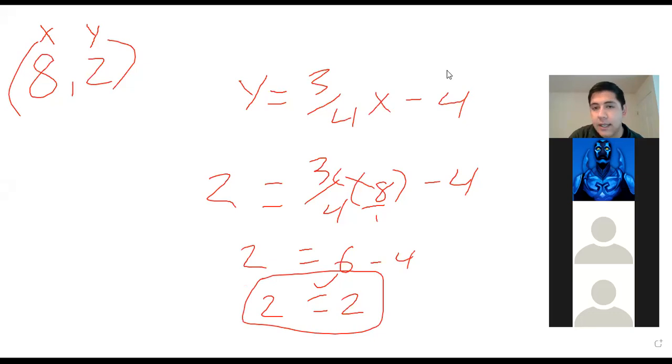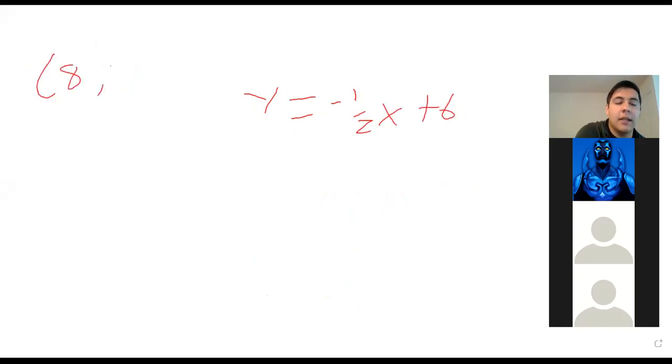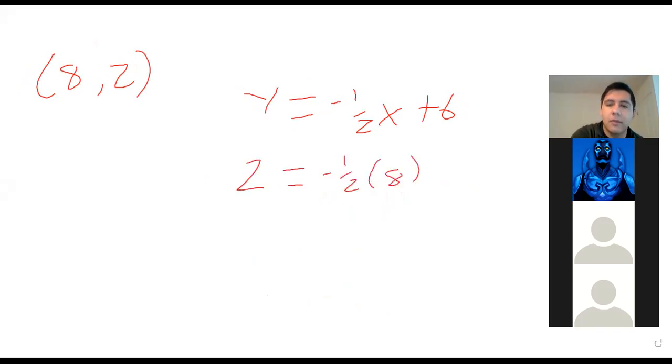Let's go ahead and look at the second equation. y is equal to -1/2 x plus 6, with 8 and 2. So again, we plug them in, 2 equals -1/2 times 8 plus 6, right?